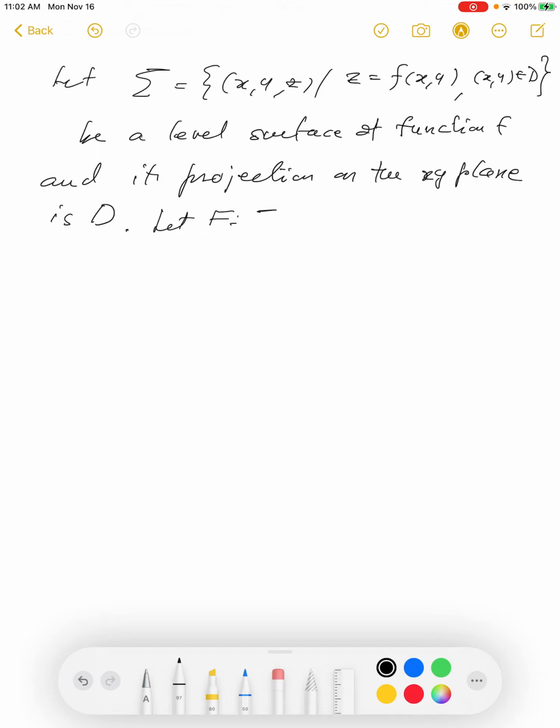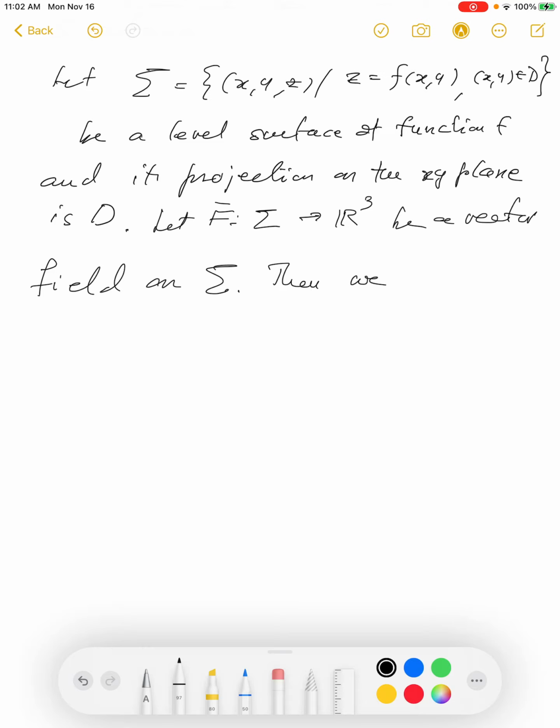And let us take a vector field on sigma, a vector field on sigma into R3. Then we want to define what is known as the flux integral, f bar dot n bar ds over the surface sigma.